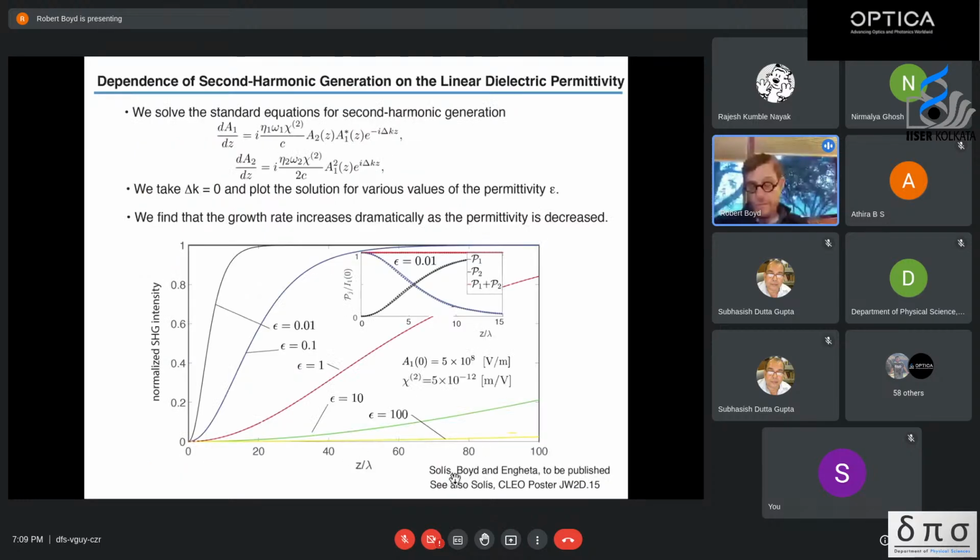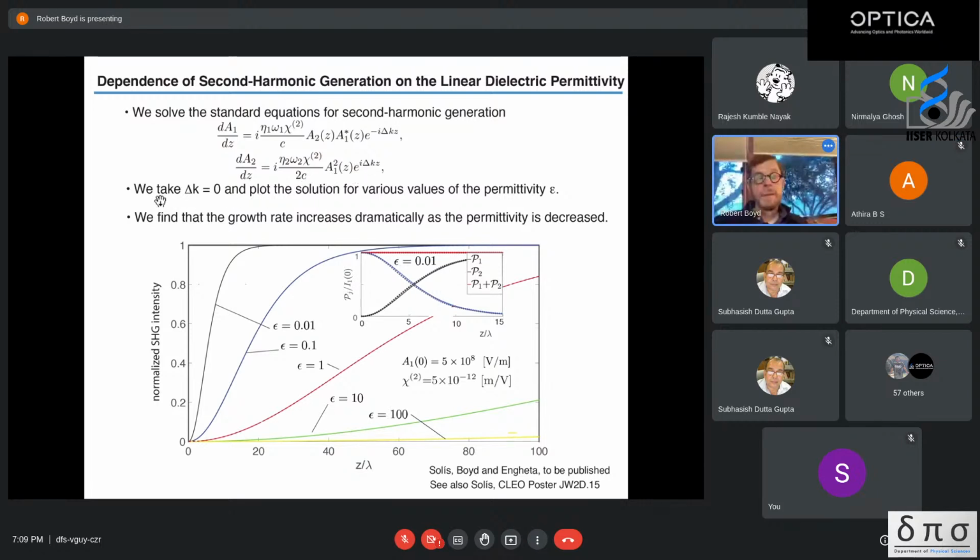This is work done in collaboration between my group and Nader and Geta, and it's very, very simple. We consider second harmonic generation. A2, the amplitude of the second harmonic, is proportional to chi2 times the square of the incident field at the fundamental frequency that I'm calling A1. Delta K is the phase mismatch.